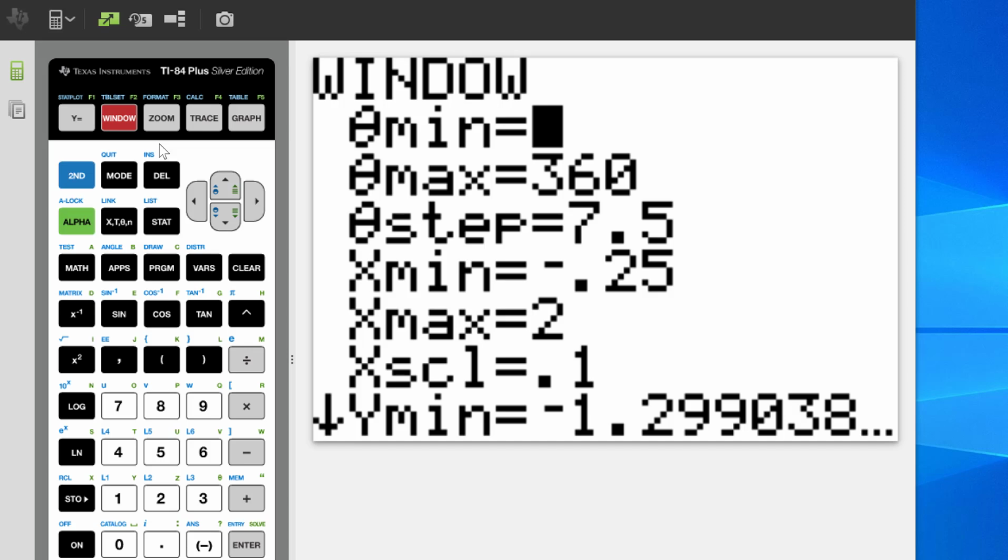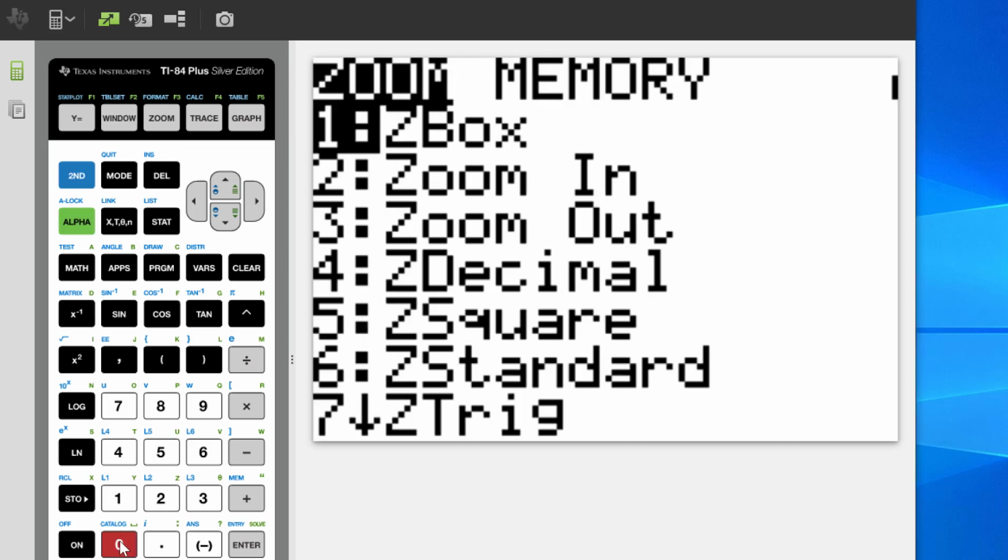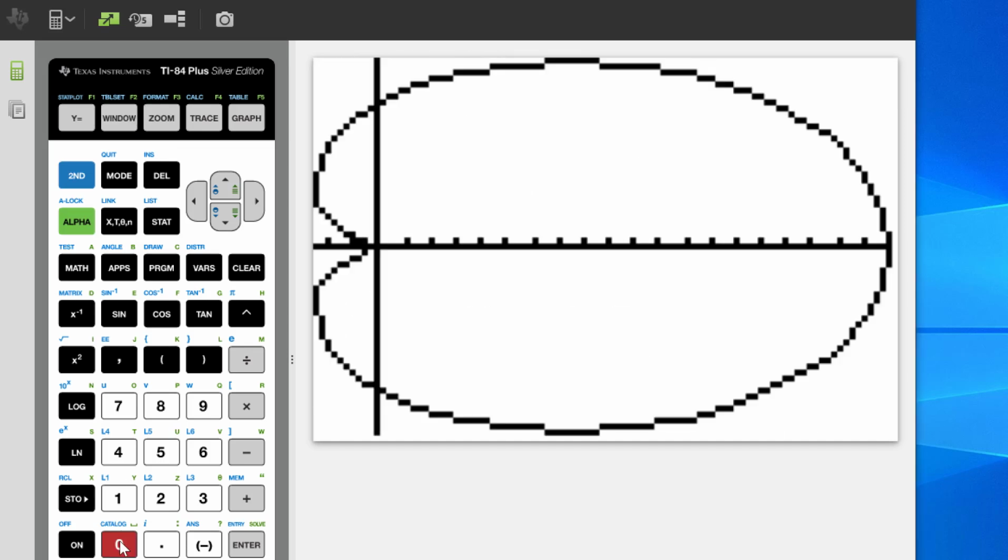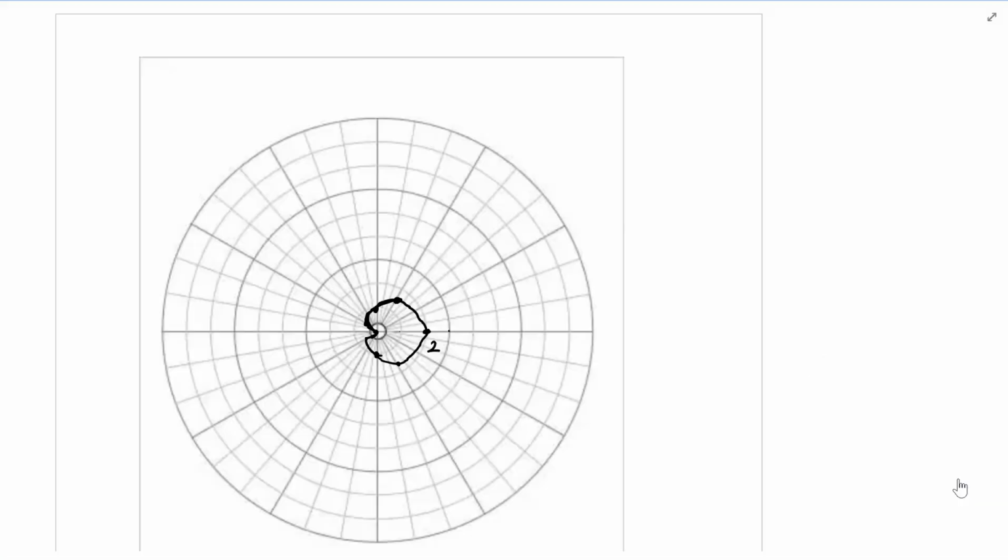If we press zoom 0, I think we can see better how this was similar to what we got by plotting the points by hand. This is what we got by plotting the points by hand.